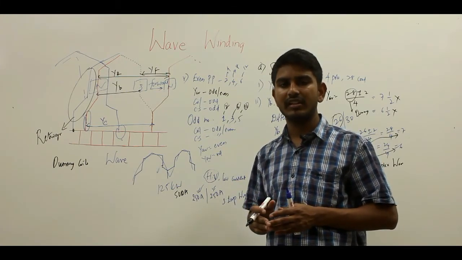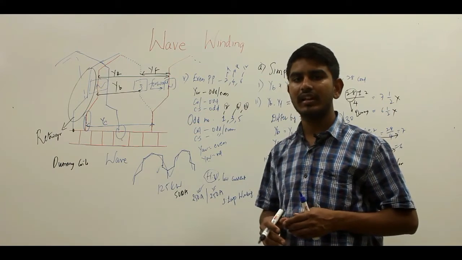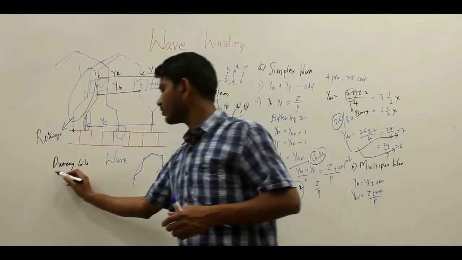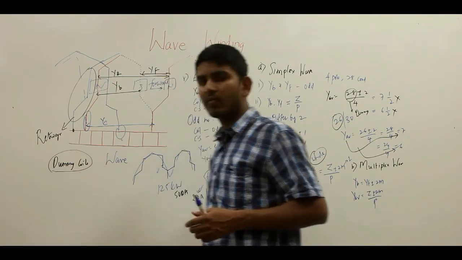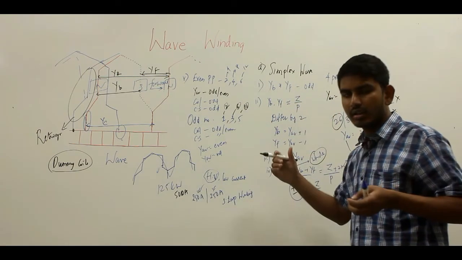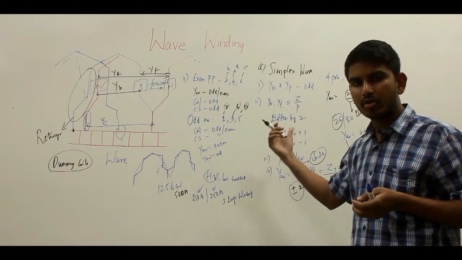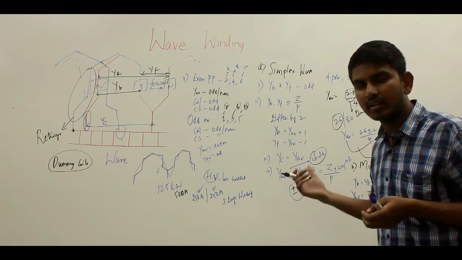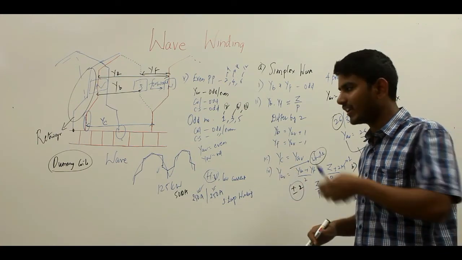So to make the potential equal, we use the equalizer connections, but here we go for the dummy coils and we do not require equalizer connection, as we have already talked about the advantage of having the two parallel paths of the wave winding.